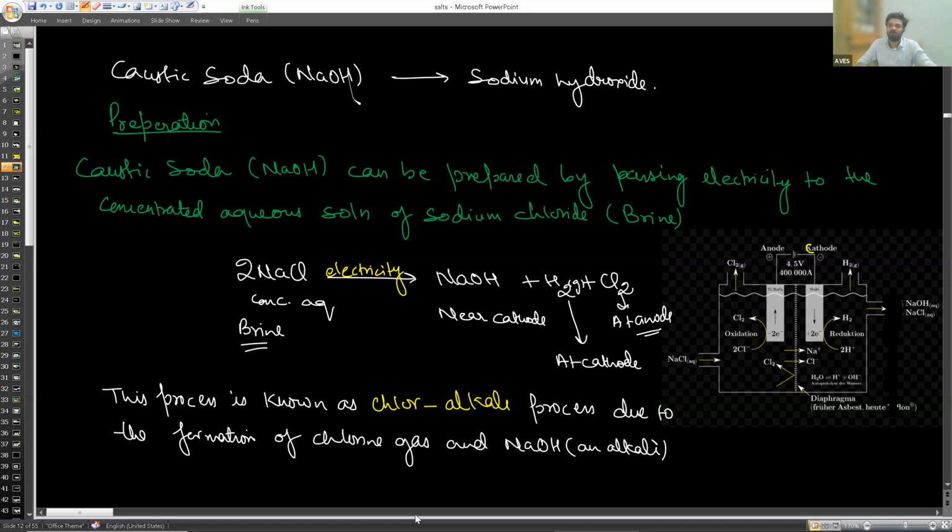Okay. So now, how do these reactions actually work? Let me explain. This is water, and inside this water there are two electrodes.